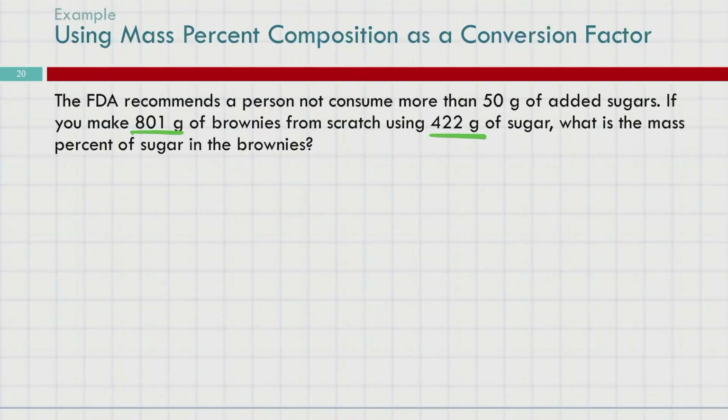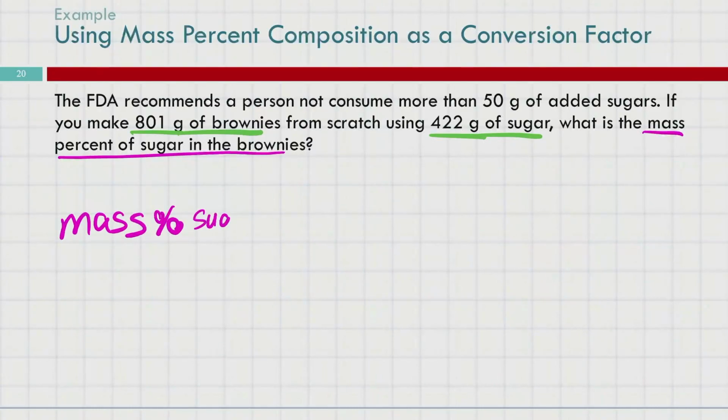So we're looking for the mass percent of sugar based on a mass of brownies and a mass of sugar, which is part of brownies. So our mass percent of sugar, we put the part, the thing we care about, on top, 422 grams of sugar.